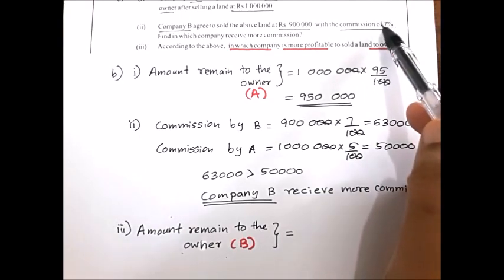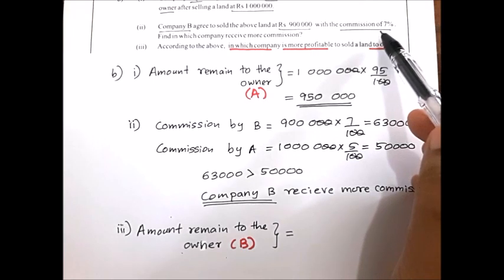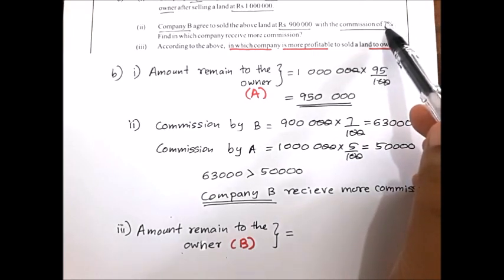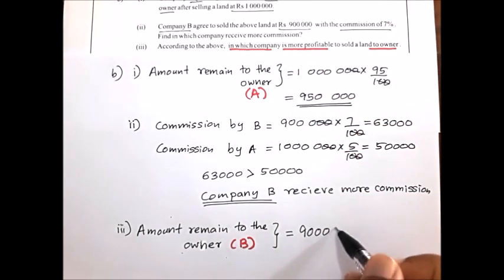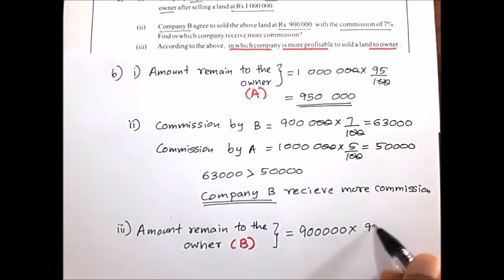If company charges 7%, the remaining amount is received by the owner. So subtract 7 from 100. It is 93%. Multiply 900,000 rupees by 93%. The value is 837,000 rupees.